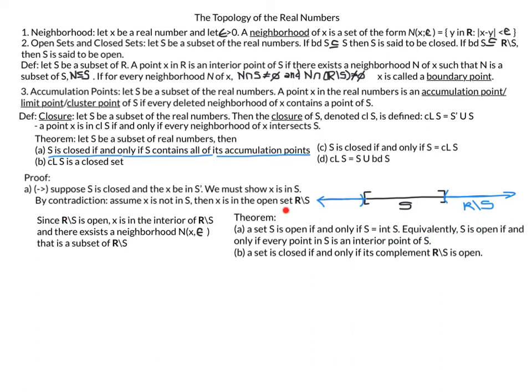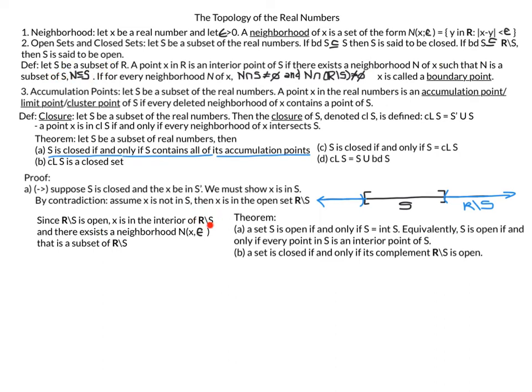For this next statement, I used this theorem that said a set S is open if and only if S is equal to its interior. So that means if X is in this open set R relative complement of S, then X is in the interior of R relative complement of S. To be an interior point, that means there's a neighborhood that is totally contained in the set.